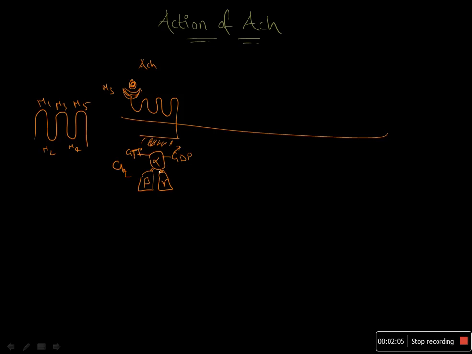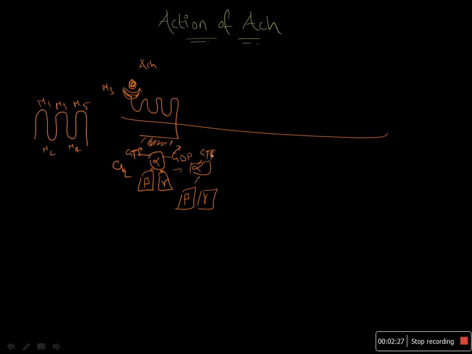Now the alpha subunit is a rich man, so he will leave their poor friends. So alpha, rich with GTP, is now alone, and he will release their poor friends, right?